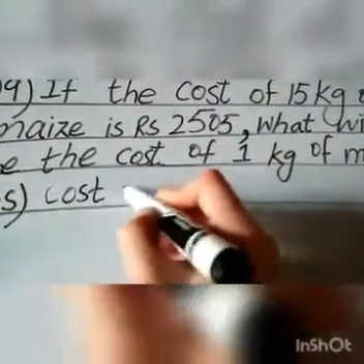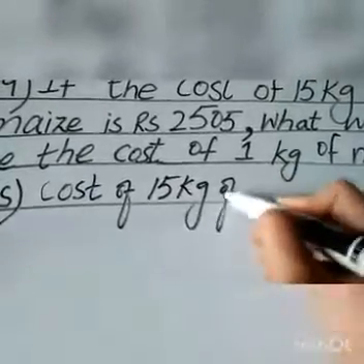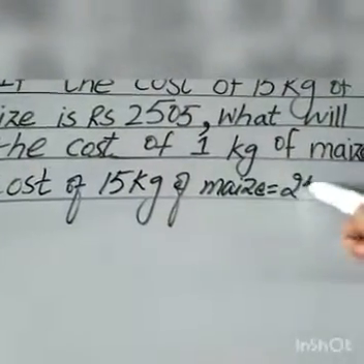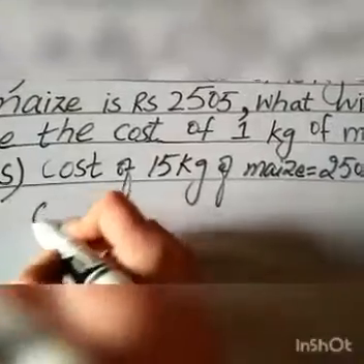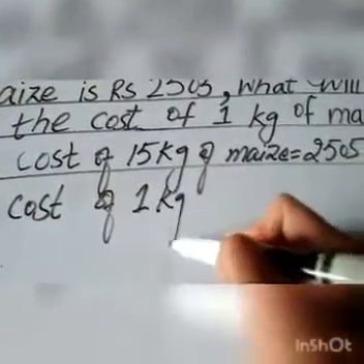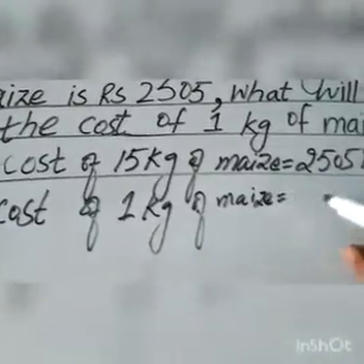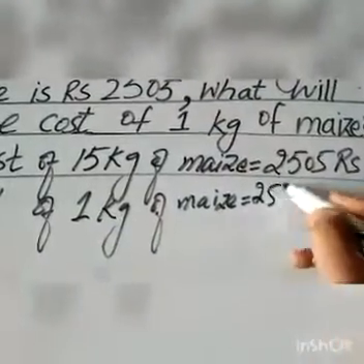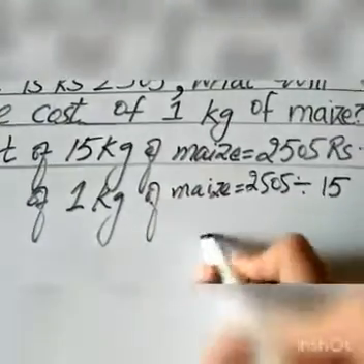Cost of 15 kg of maize is equal to 2,505 rupees. Now we have to find out the cost of 1 kg of maize. Class, we have to divide it by 15. 2505 divided by 15. Okay.